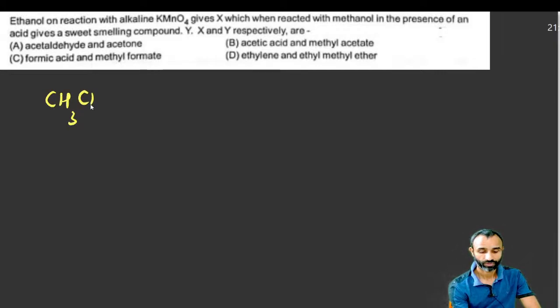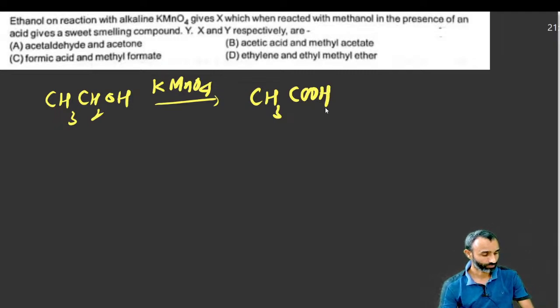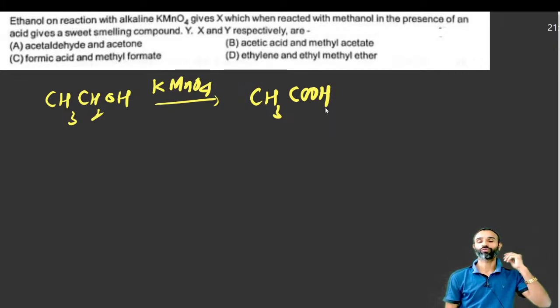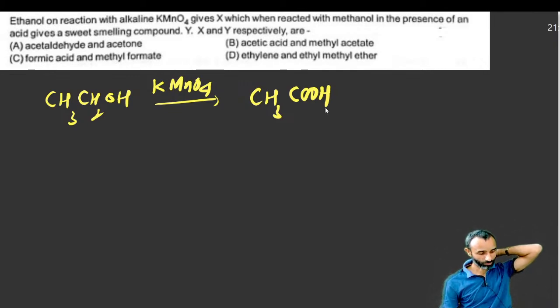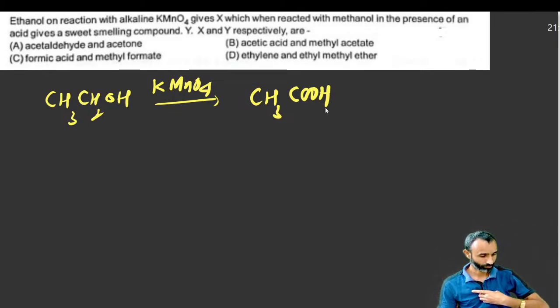Ethanol on reaction with alkaline KMnO4 gives X. So what is X? Ethanol on treatment with KMnO4, we get acetic acid. If there is alcohol, then there is no difference. That will give potassium salt. They are strong oxidizing agents.